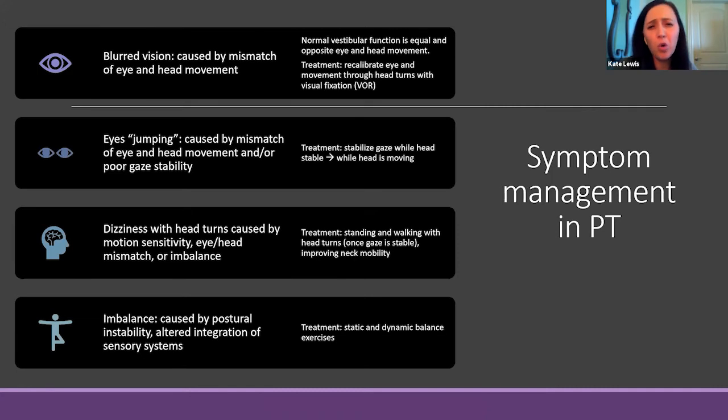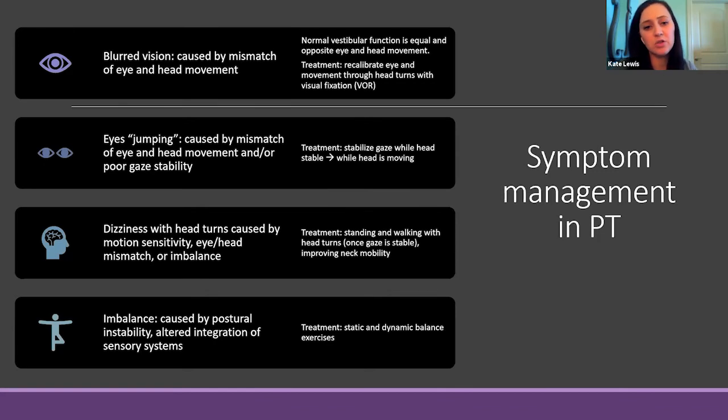When we talk about normal vestibular function, it means that our eyes and head are working together. And when we turn our head one direction, our eyes move in an equal and opposite direction and magnitude. And so when we have dizziness with head turns, it means that the eyes and the head aren't moving in equal and opposite directions.